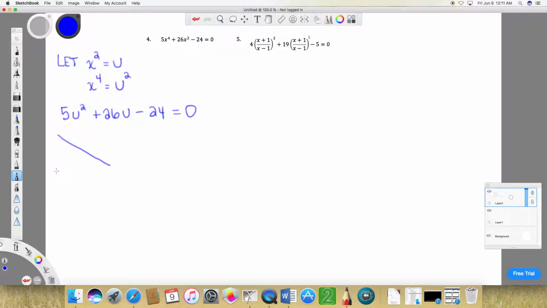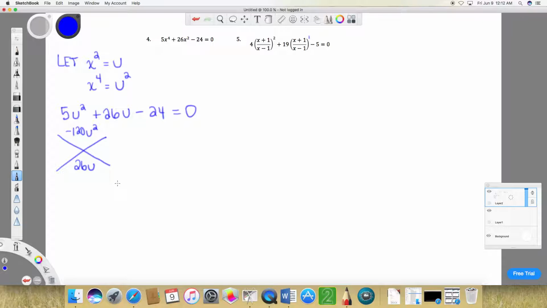Since the leading coefficient is different than 1, I'm going to use our x method. So I place an x above the middle term, and positive 5u squared times a negative 24 is negative 120u squared. Now I need to come up with two numbers that multiplied together give me negative 120, but add together to give me 26.